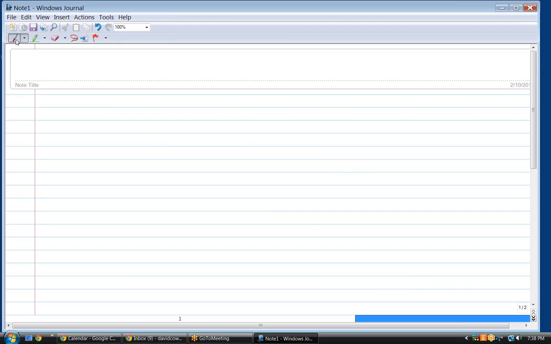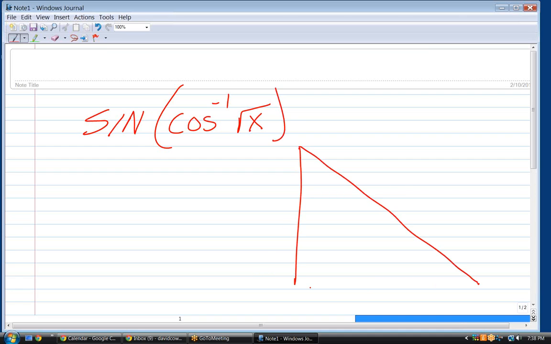The next one is sine of inverse cosine root x. Remember, that's always theta. Whenever you take the inverse trig function of something, you're going to get an angle. So, dimension this.